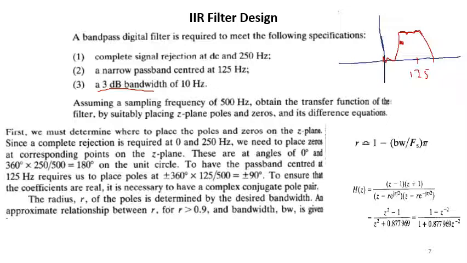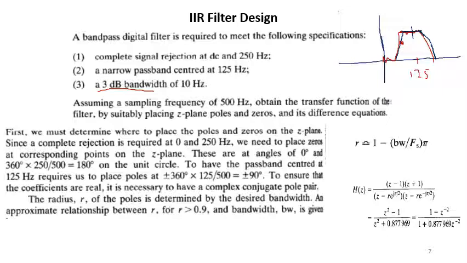It's a bandpass filter, so the response will be 0 for some values of frequency, then it will gradually move up, and then the response goes down again. The center frequency is 125 hertz.